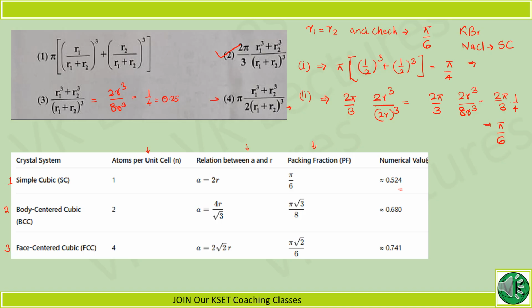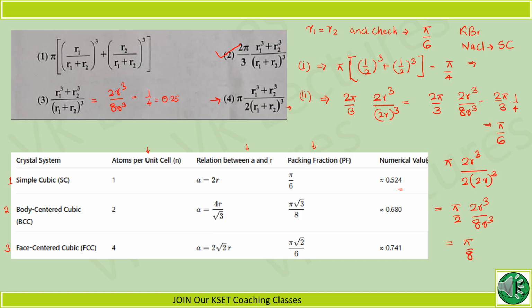So check the fourth option: pi times R1 cube plus R2 cube gives 2R cube, divided by 2 times R1 plus R2 cubed, which is 2R cube. So pi by 2 times 2R cube divided by 8R cube, the 2 gets cancelled, so it will be pi by 8.